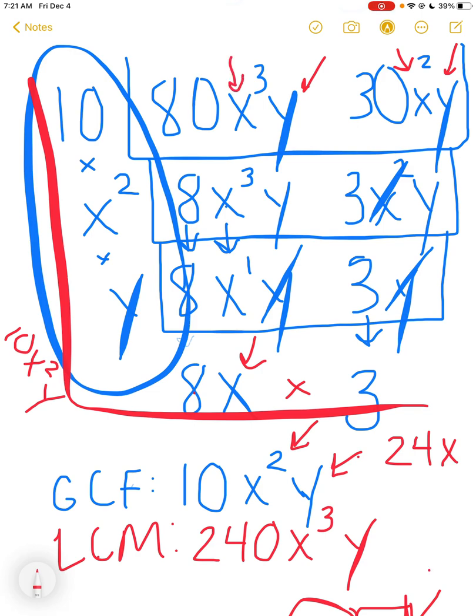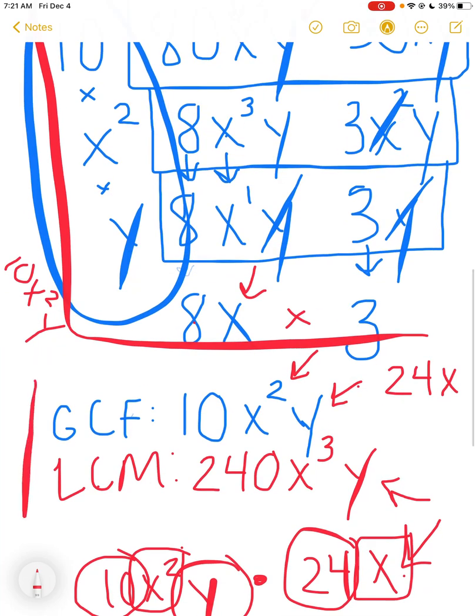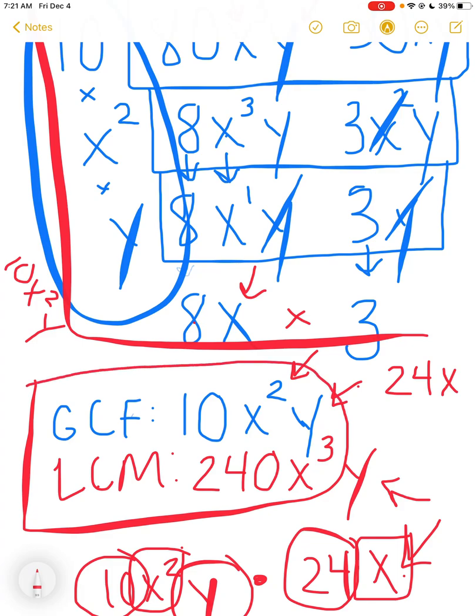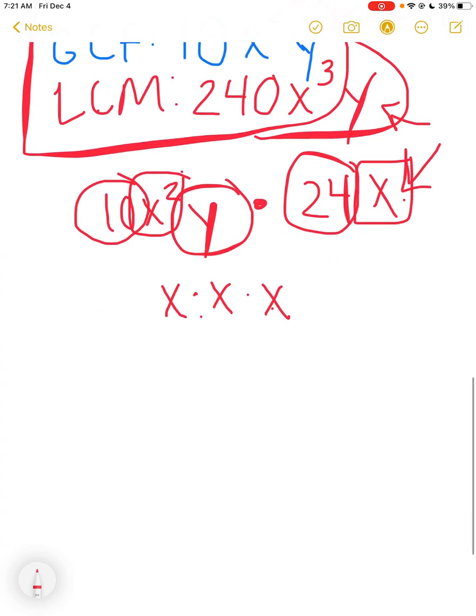Yep. And was y to the first, or just y, our largest y? Yeah, because they were both just y. So that means our GCF is 10 times x to the second times y, and our LCM is 240 times x to the third times y. Forgot that y there.